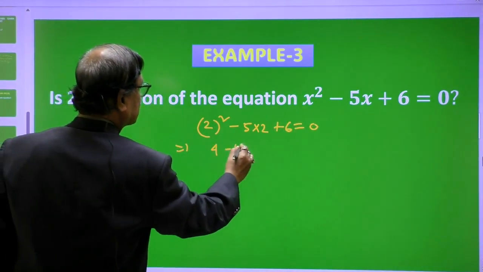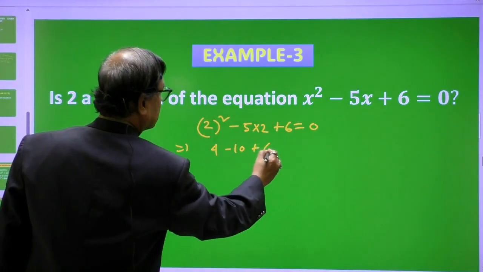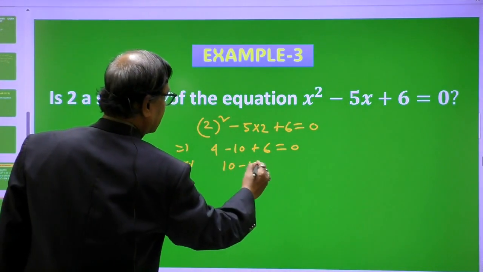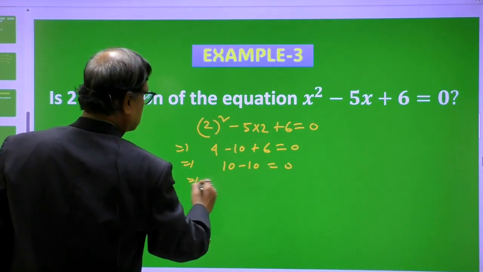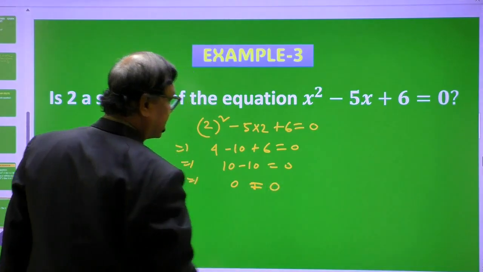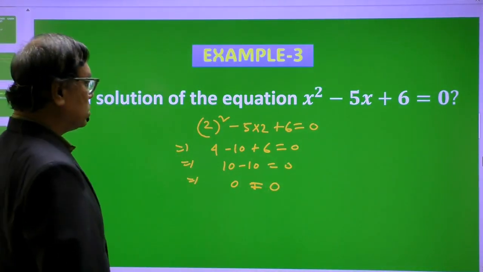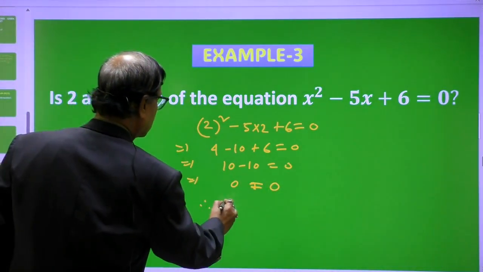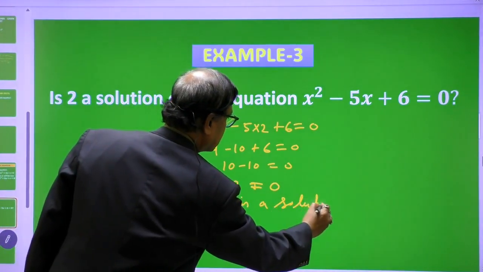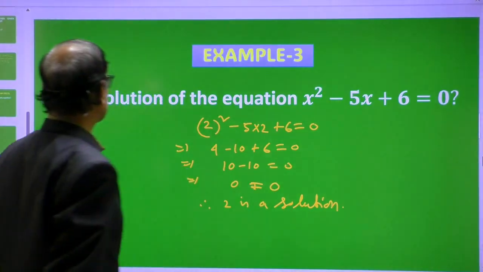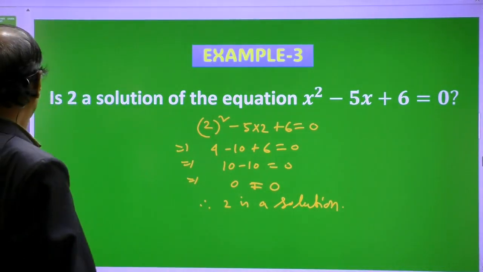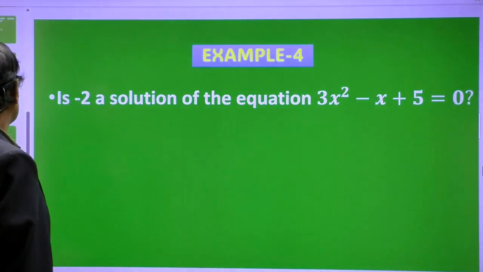That is 4 minus 10 plus 6 equals 0. That is 10 minus 10 equals 0. So 0 equals 0. That is true. Therefore, 2 is a solution of the given equation. Yes? I think this part is clear. Now come to example 4.